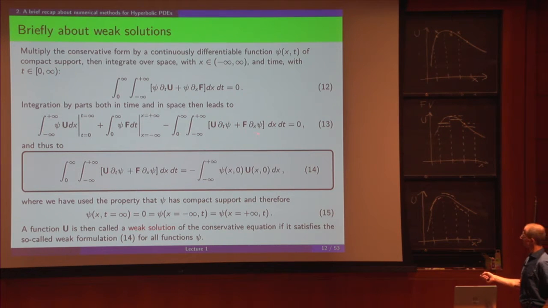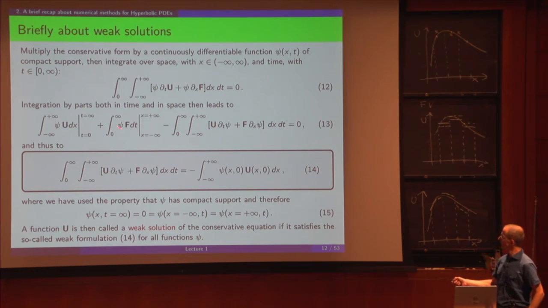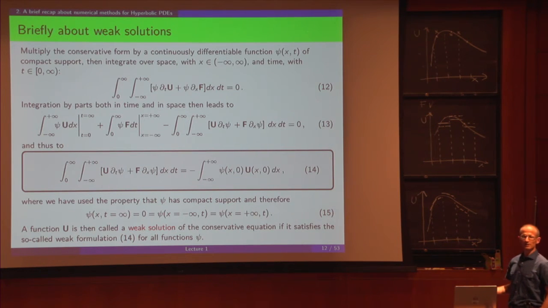partial t, partial x are acting on psi, while here I have the so-called principal parts, which are computed in these integrals. Now, because psi has compact support, it will vanish at spatial infinity and also at temporal infinity. So you have this property 15.